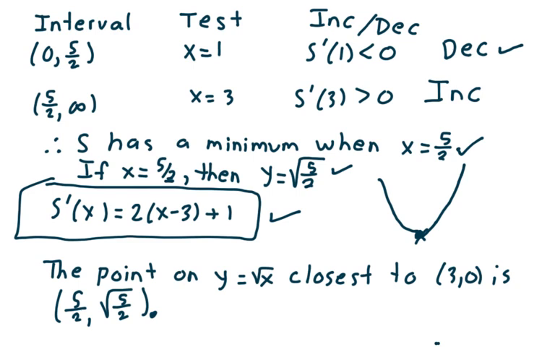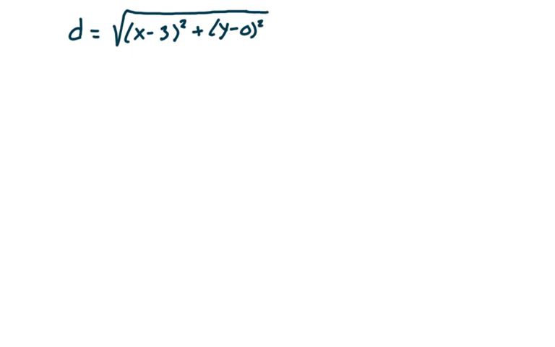Now, we can come over here for a second and remember that d is the square root of (x minus 3) squared plus (y minus 0) squared. I already told you that the point closest to (3, 0) is (5 halves, square root of 5 halves). And so then the question becomes, how do I get that distance?